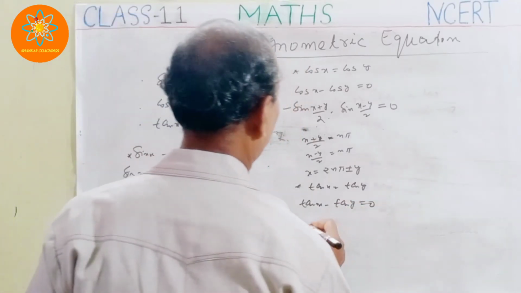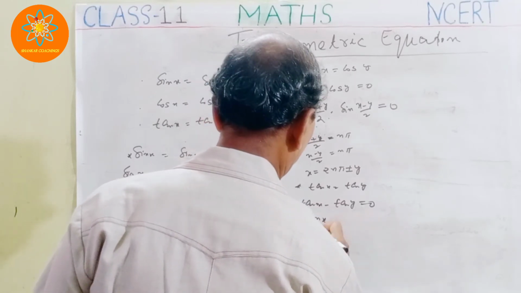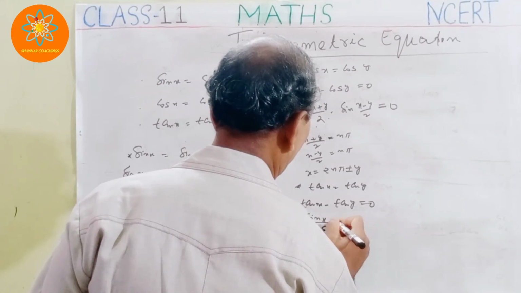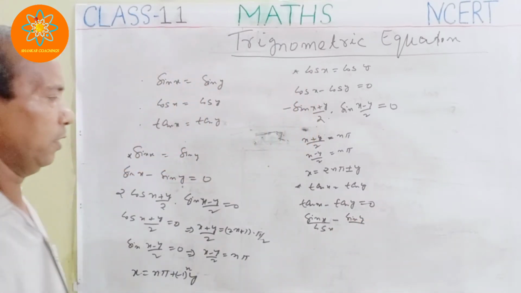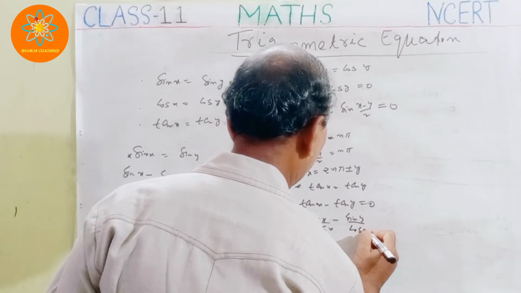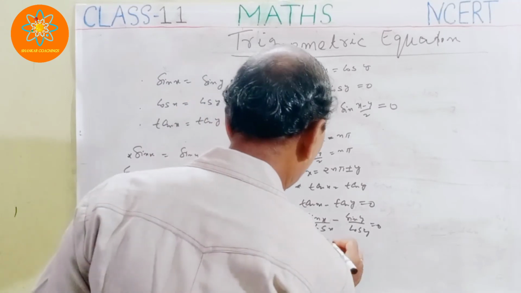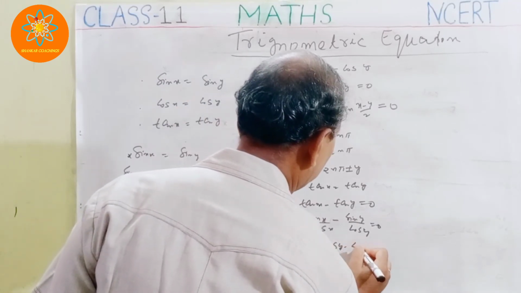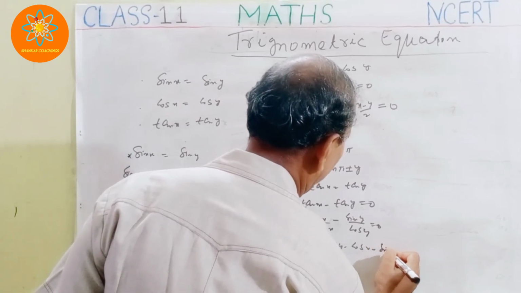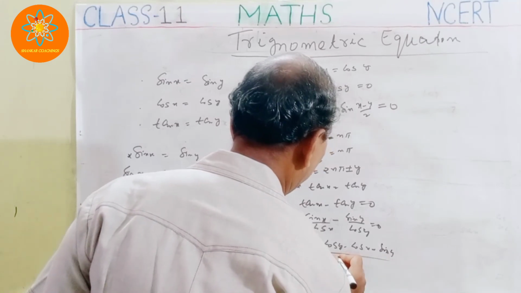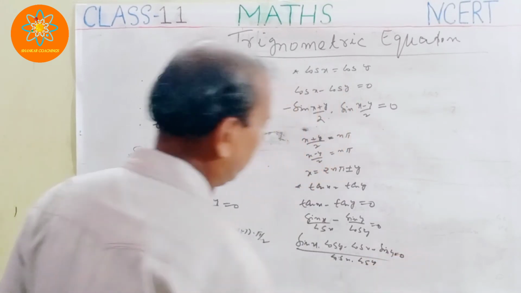Or if I change it, this is sine x by cos x minus sine y by cos y is equal to 0, or this is simply (sine x into cos y minus cos x into sine y) divided by (cos x into cos y) is equal to 0.